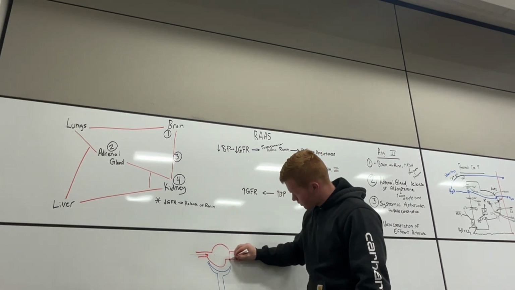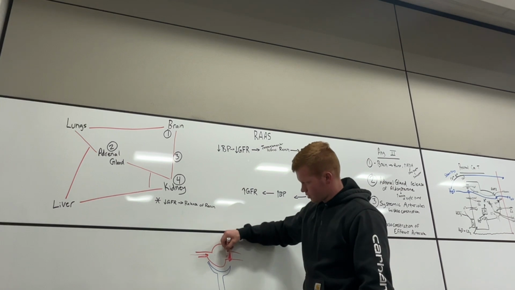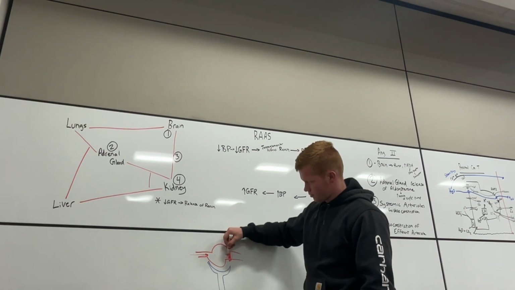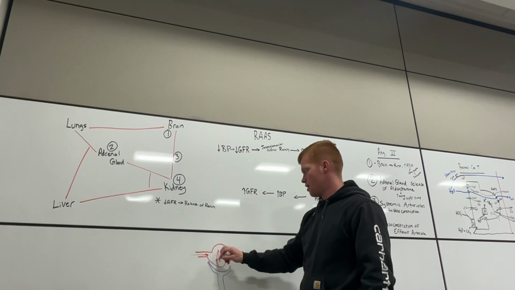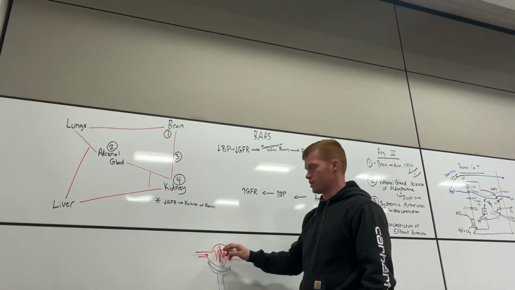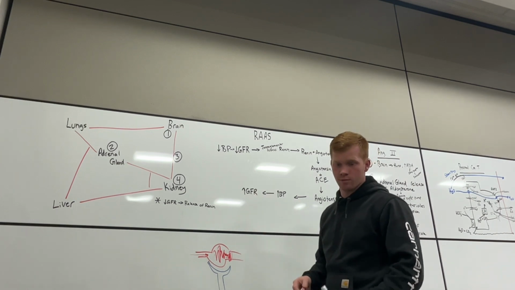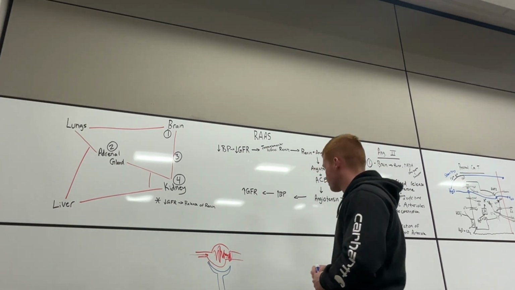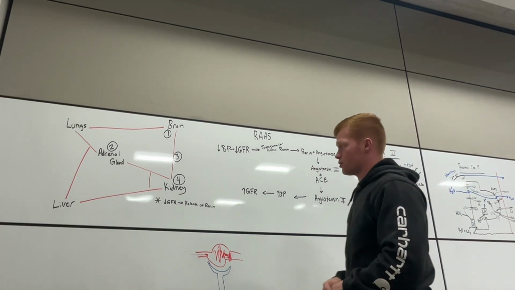This is saying we can just constrict this down so it gets smaller, and it's going to let less blood through. It's going to create a backup of blood, and that's going to increase the blood volume within the glomerulus, which is going to bring the pressure back up, bring the GFR back up. And this was angiotensin 2.